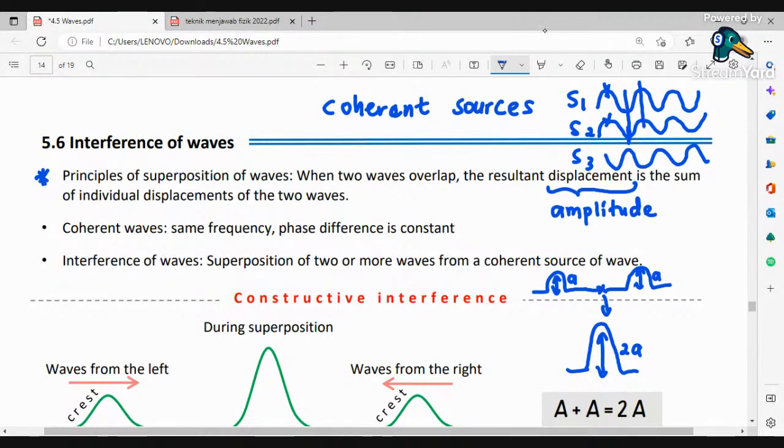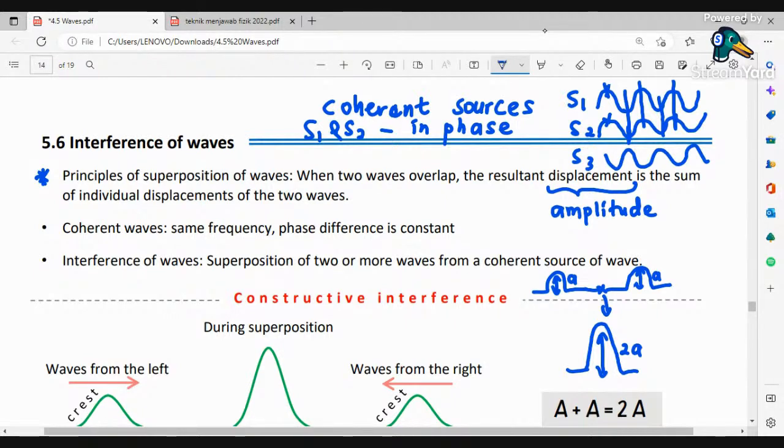This one, both are crest, same displacement. Trough, same displacement. Crest, also same displacement. So S1 and S2, we call it in phase. Sama fasa. Okay, sentiasa sama.